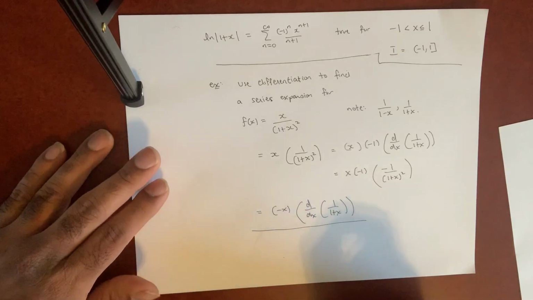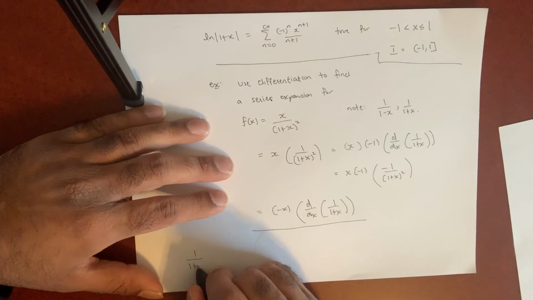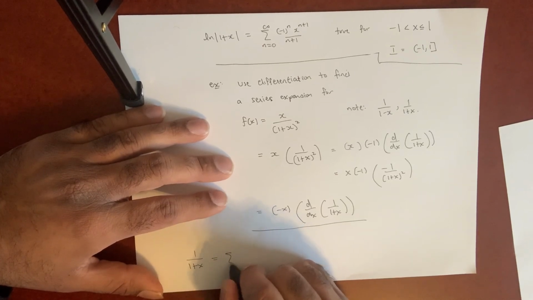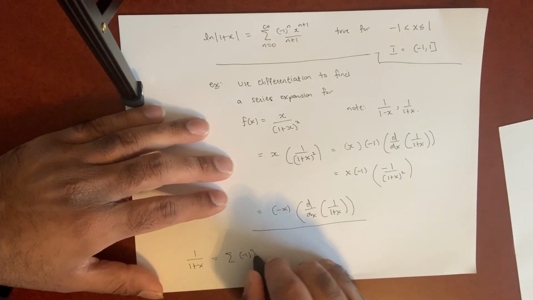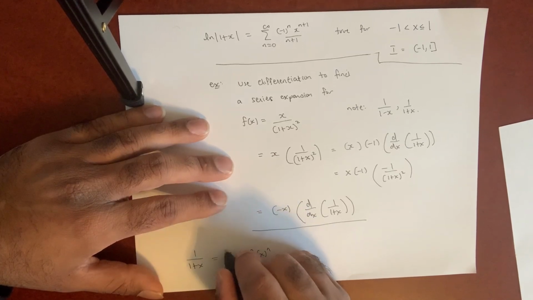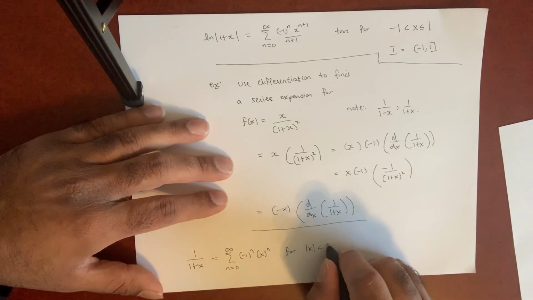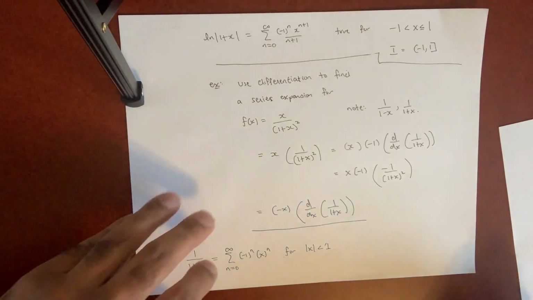Let's now do it. So we know that 1 over 1 plus x is the sum of (-1) to the n, x to the n, for x less than 1 in absolute value.